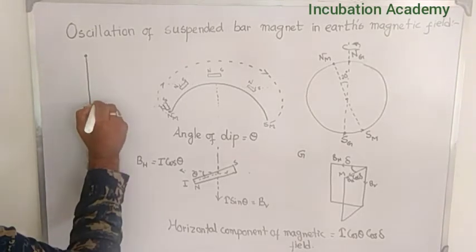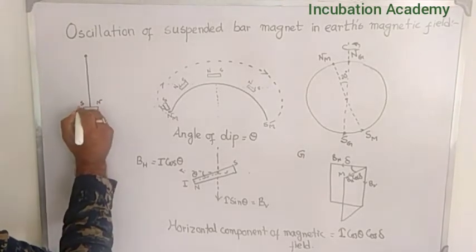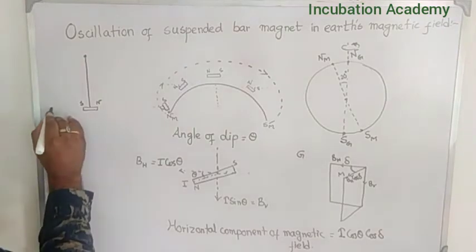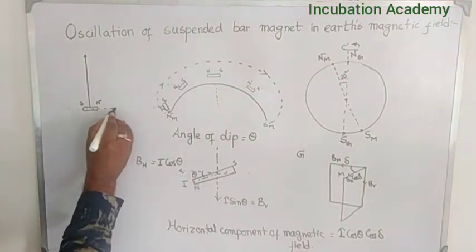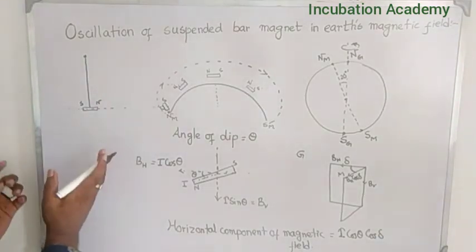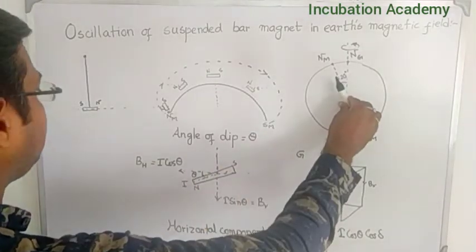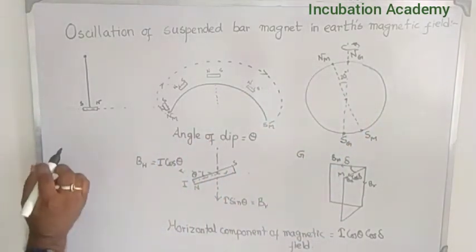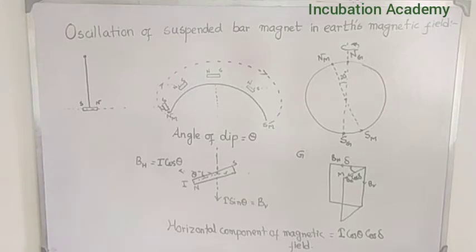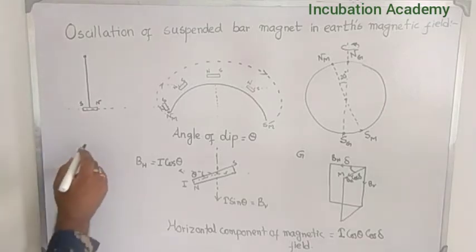So if this is the north pole and this is the south pole, then it will be completely placed along the line of the magnetic meridian, just like this.